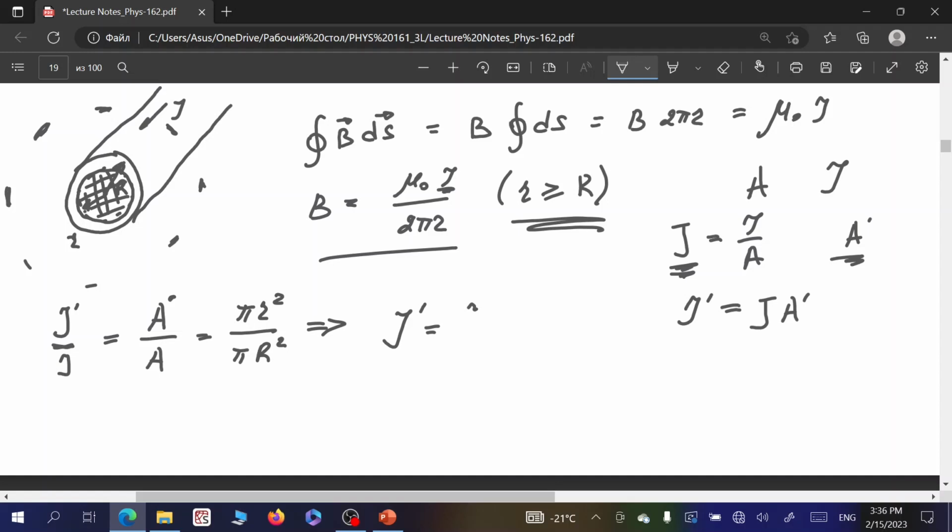So that will be r square over capital R square times I, which is the magnitude of the total current. So now we know what current is flowing through the area of the closed loop located inside the cross section of the conductor.